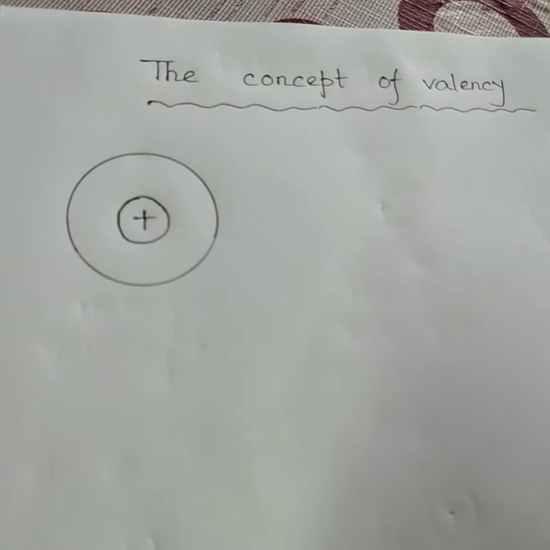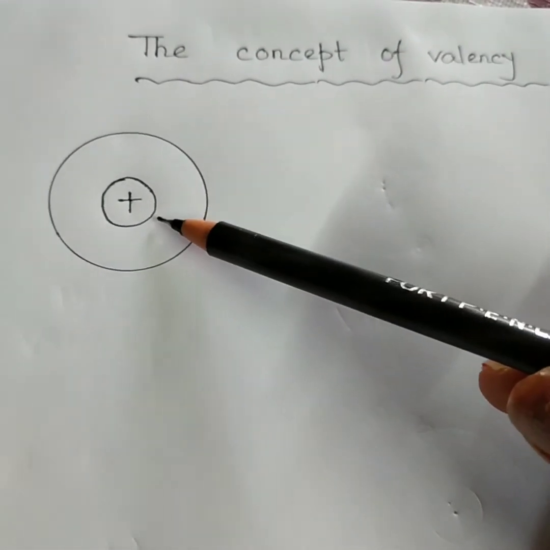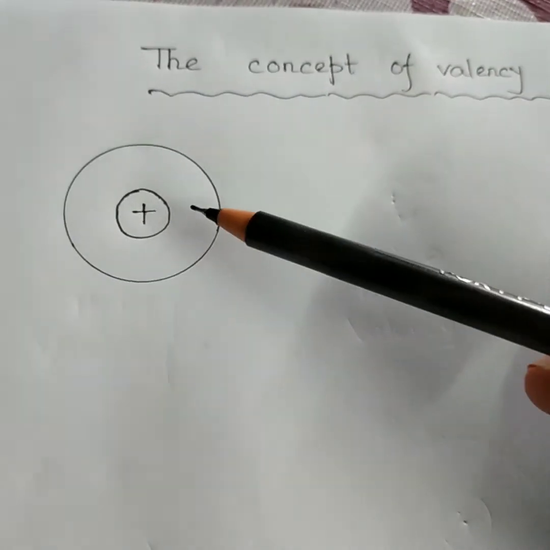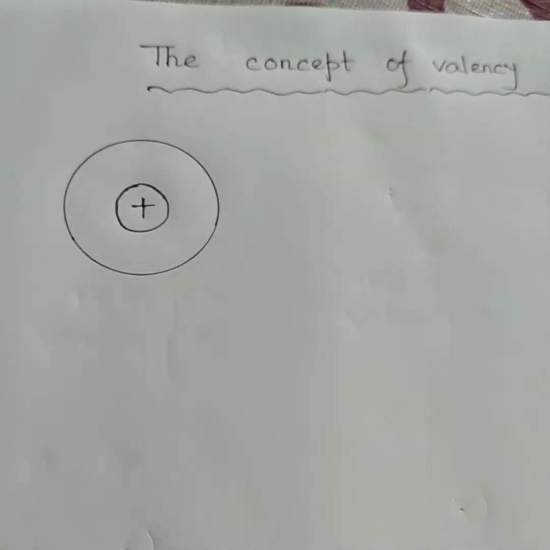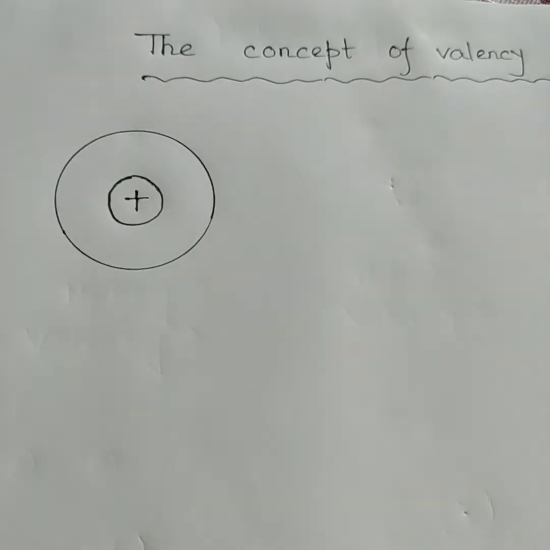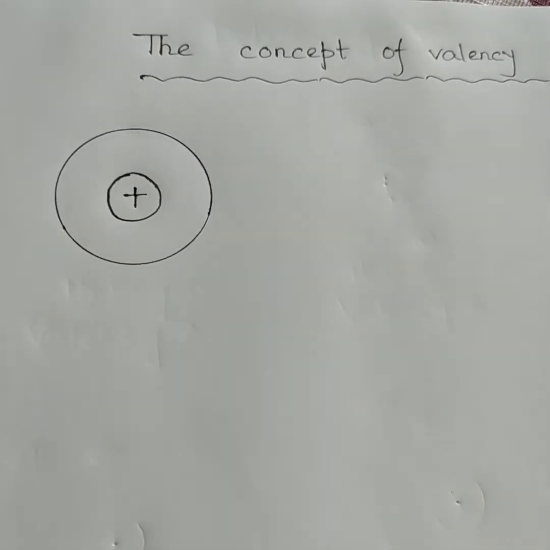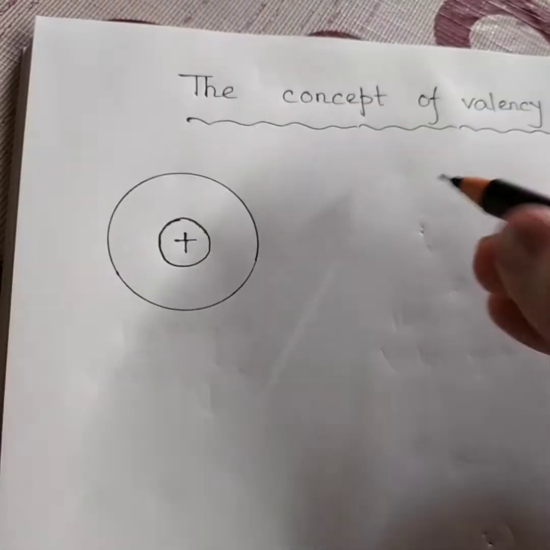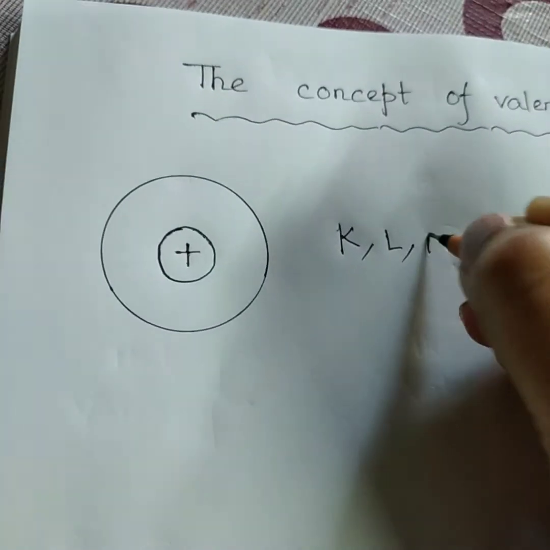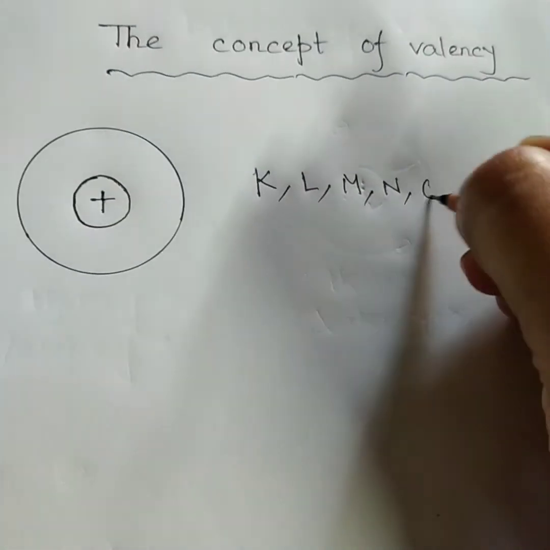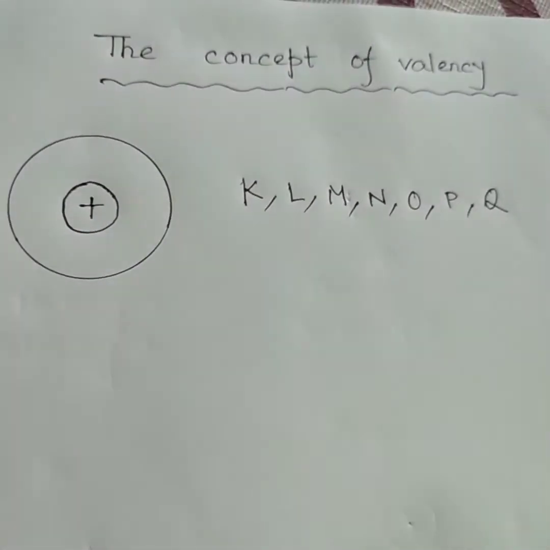You can see the structure of an atom, that is, this is the nucleus, and around the nucleus electrons move in different shells or orbits represented by K, L, M, N, O, P and Q, right?